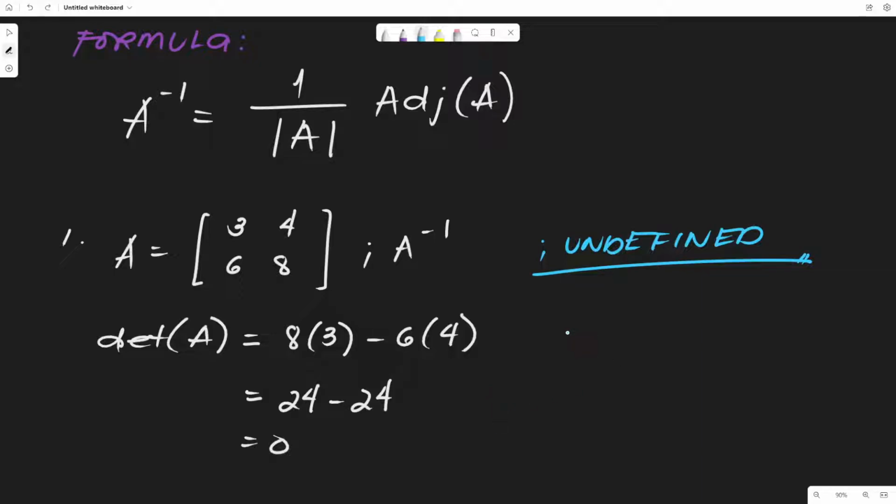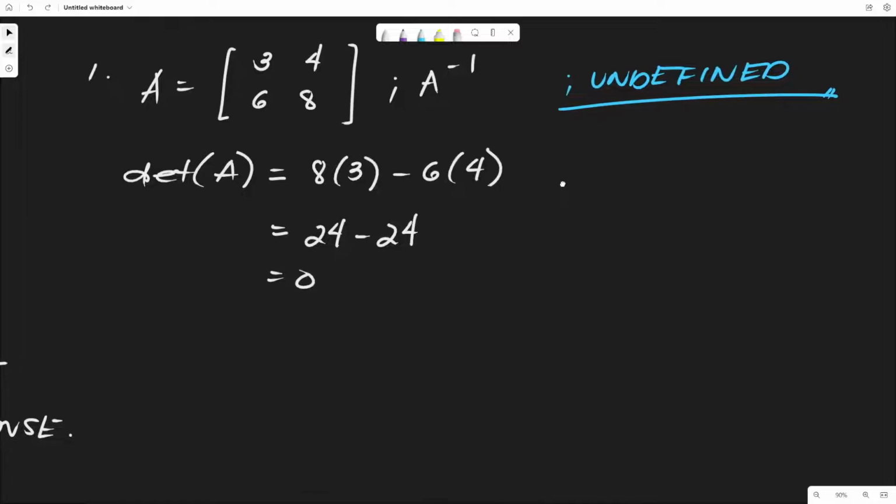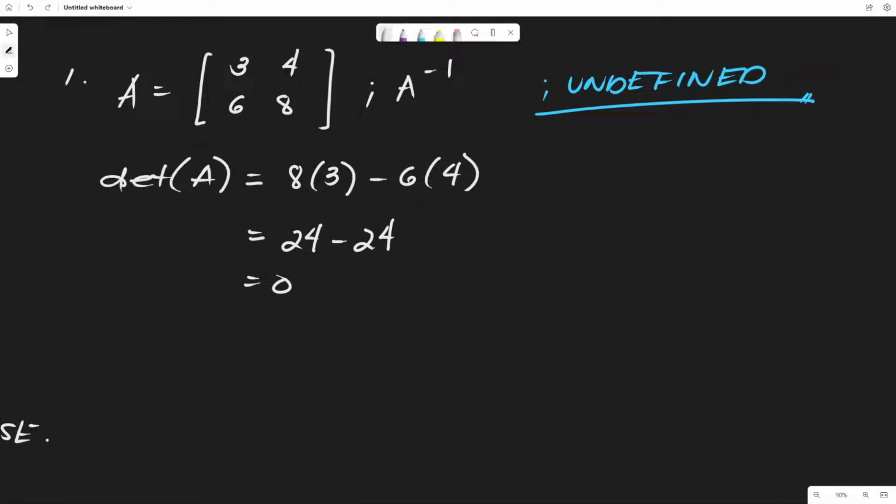Now let's look for a matrix whose inverse exists. I have here matrix A equal to 7, 2, 17, 5.